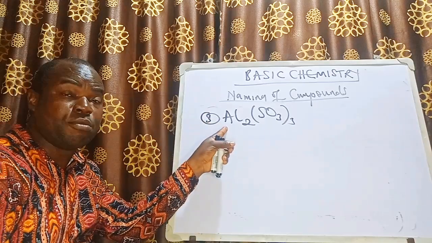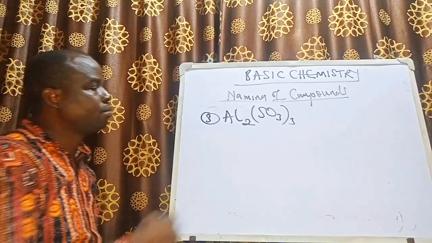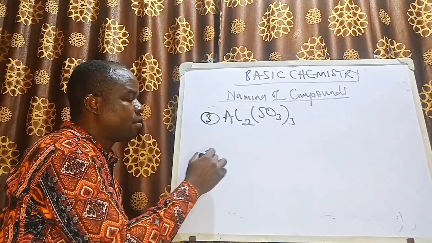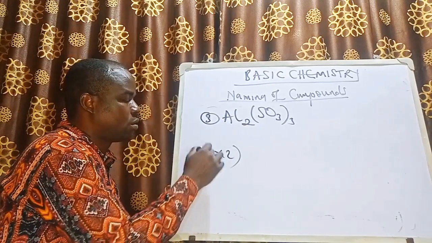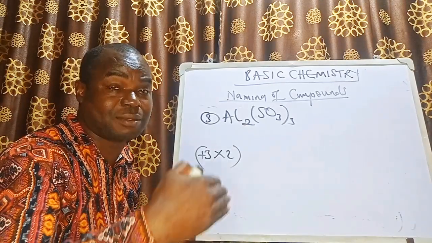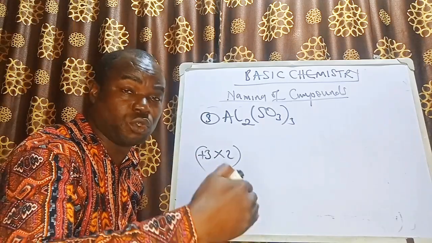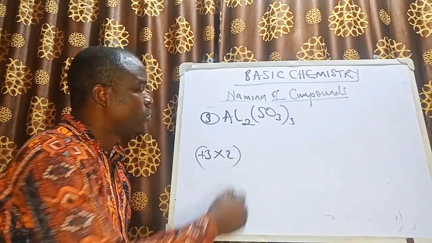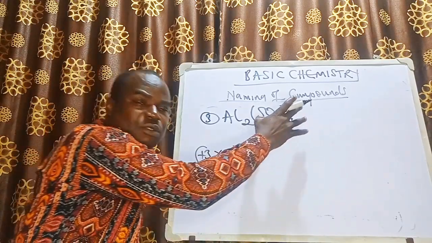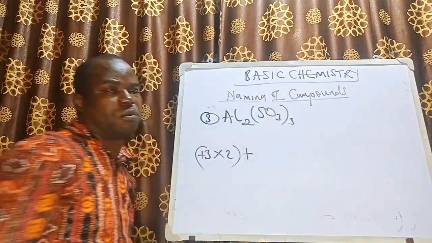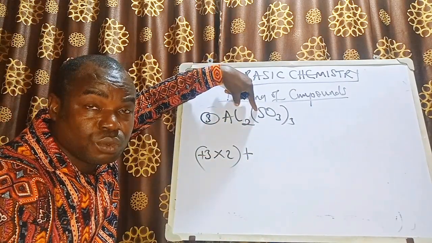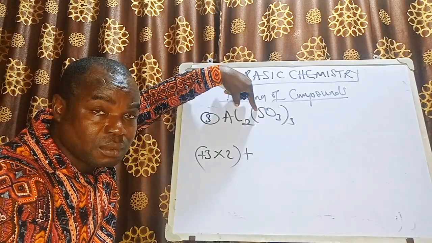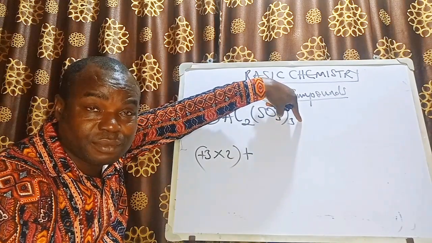So the first element is aluminium. Now we have 3 times 2. That's plus 3 because aluminium has an oxidation number of plus 3. Now plus, so let us go to this place and break it down. The sulfur we are solving for has 3.